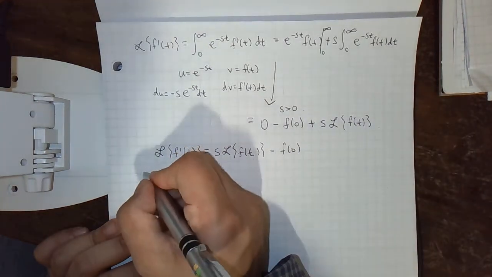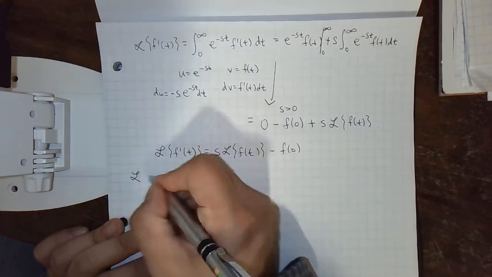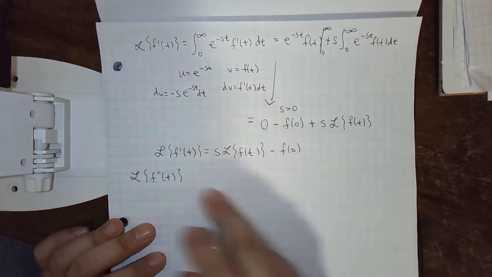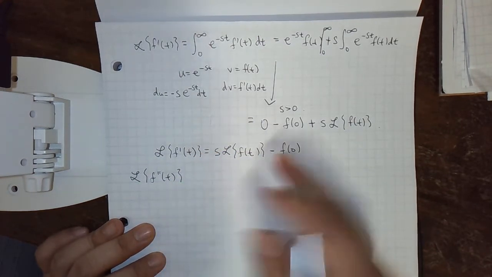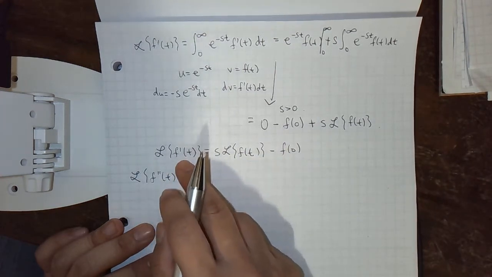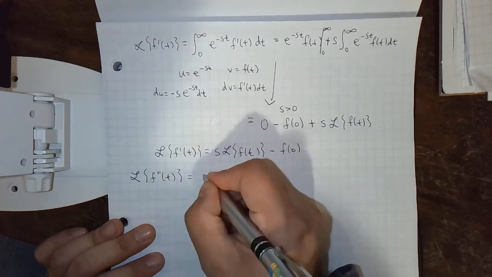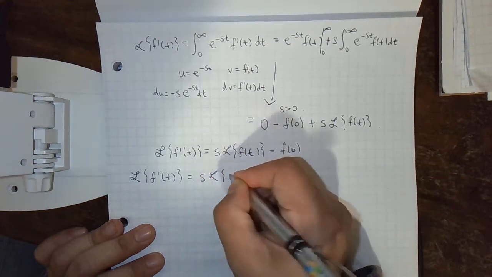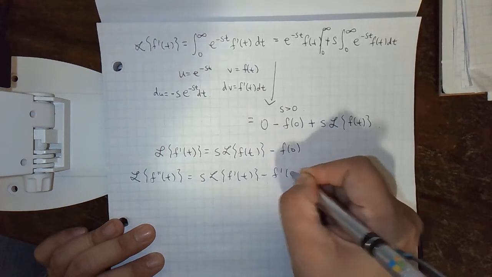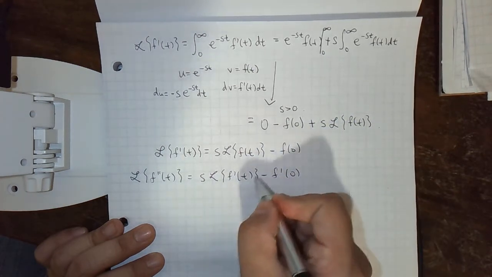If we wanted to get higher derivatives, we can. Let's just do one, the Laplace transform of the second derivative. We're going to use this formula, but put in f prime for f, basically. Because if we put in f prime for f, then the derivative of that is f double prime. So we're just writing f prime everywhere we see an f. And then we can use the formula again.